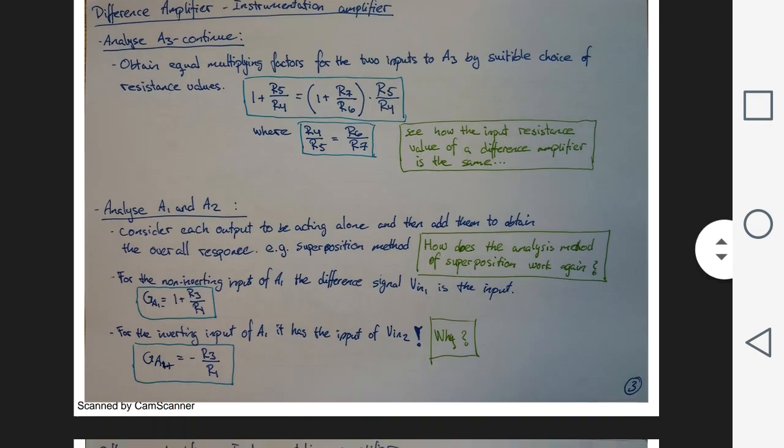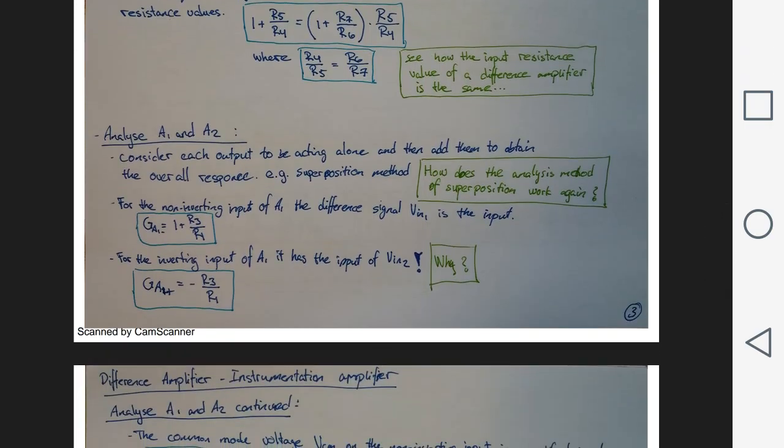Now, let's keep this there and continue to analyze the first stage with A1 and A2. We want to consider each input to be acting alone, and then add them to obtain the overall response. This is called the superposition method.